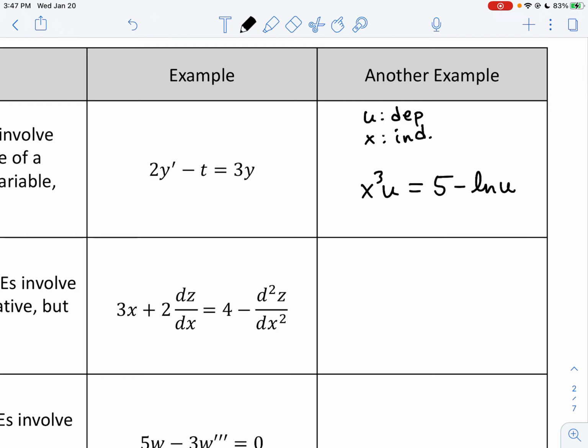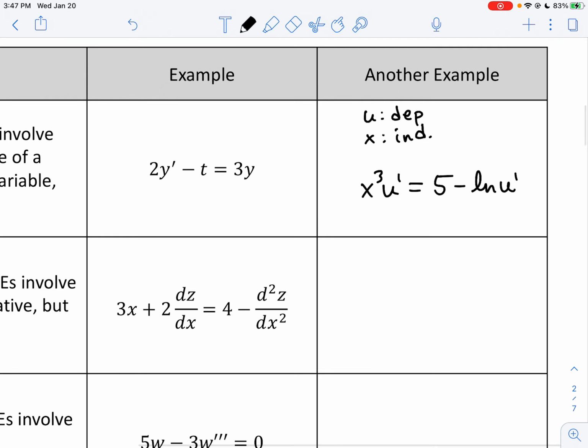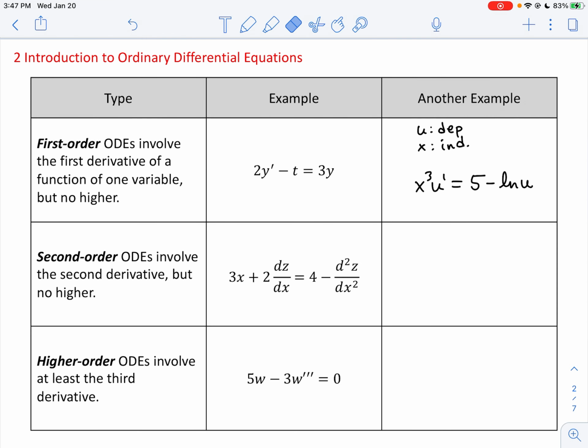So this would be an equation involving x's and u's, but it's not a differential equation because there's no derivative involved. So to get a derivative involved here, maybe I put a prime on that u, or put them on both u's. But if you put the prime there, then all of a sudden we've created a first order ordinary differential equation.